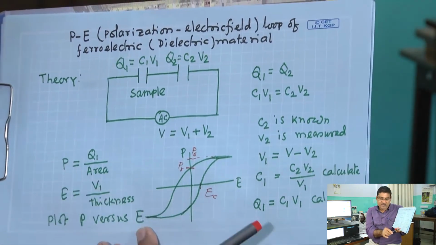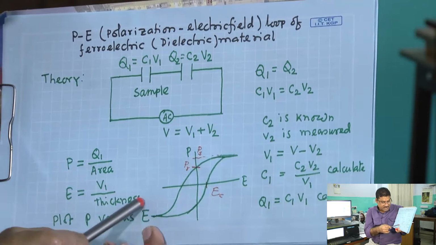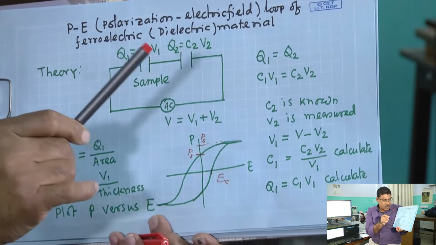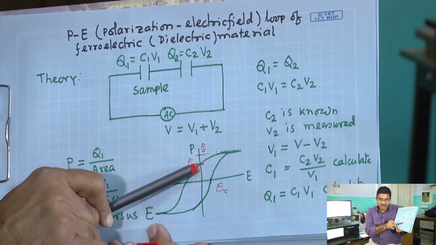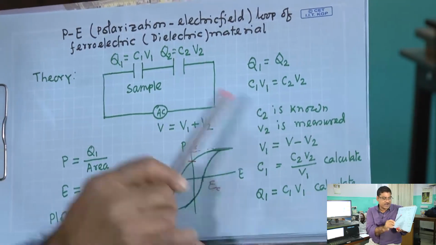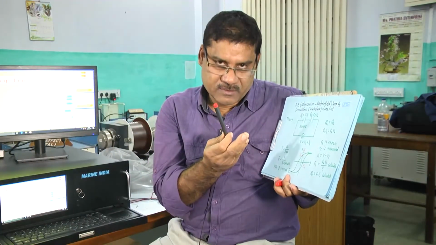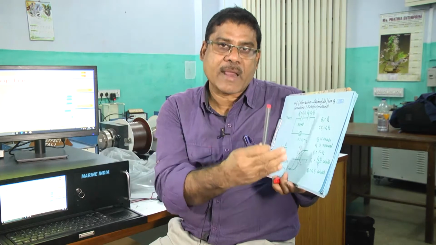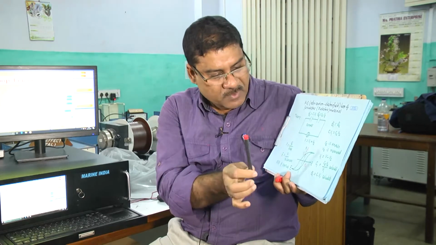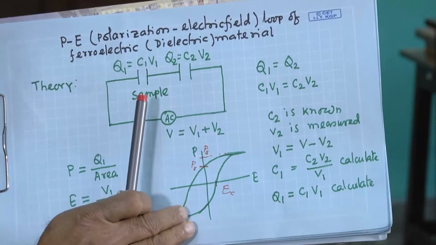So, we take the hysteresis loop for each temperature, find PS from it, and plot PS as a function of temperature. From that, one can find the transition temperature of the ferroelectric to paraelectric phase transition. So, different kinds of information one can get from this experiment.